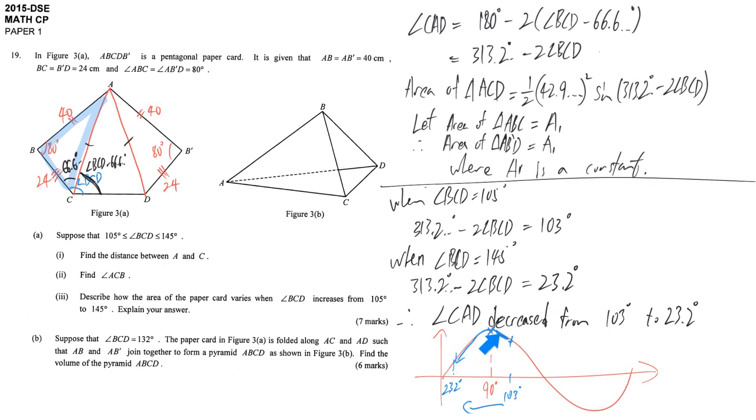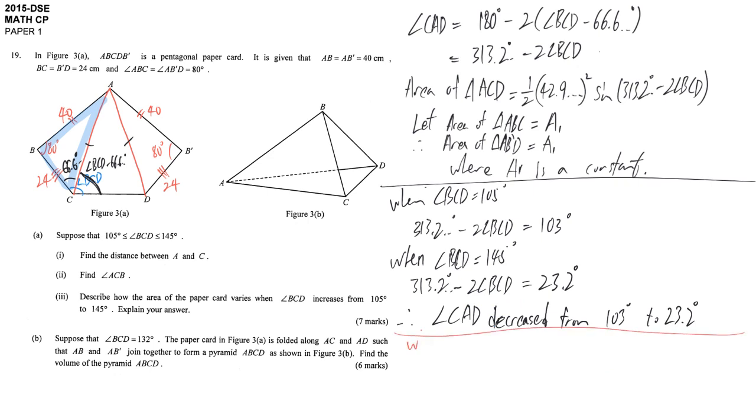And you had better describe, because they didn't write down the criteria very clearly, at which moment it becomes maximum. That means at which angle BCD it becomes maximum. So to calculate the maximum, when angle CAD is equal to 90 degrees, that means 313.2 degrees minus 2 times our input is equal to 90 degrees.